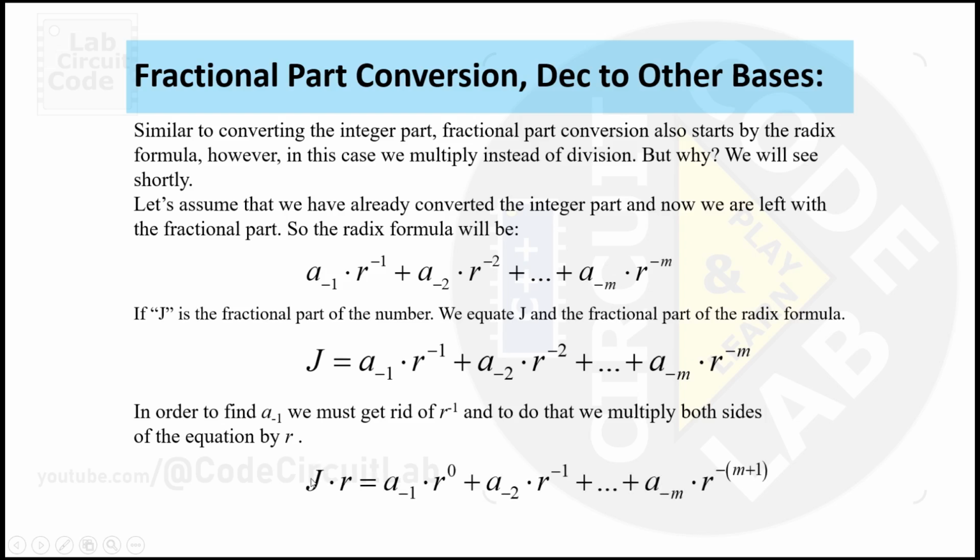As you can see, multiplying both sides by r actually eliminates r because it gives r a power of 0, which is equal to 1. So now we see that a minus 1 is actually the integer part of a number that comes up here.